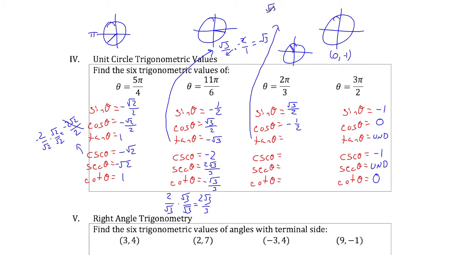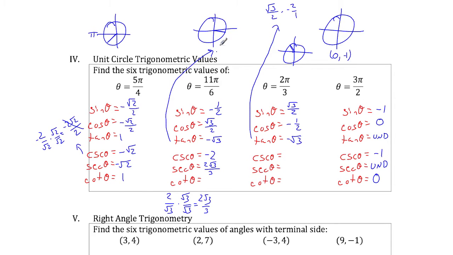So sine is root 3 over 2 divided by cosine, which is times negative 2 over 1, which is going to be a negative root 3, making me realize I did tangent wrong for the last one. That means the cotangent's wrong.